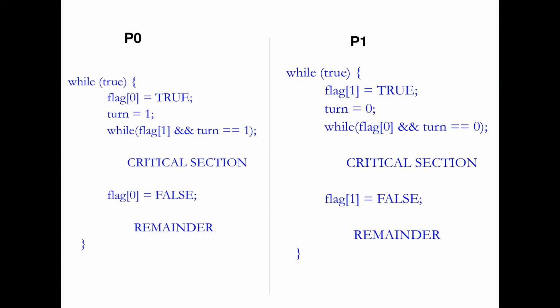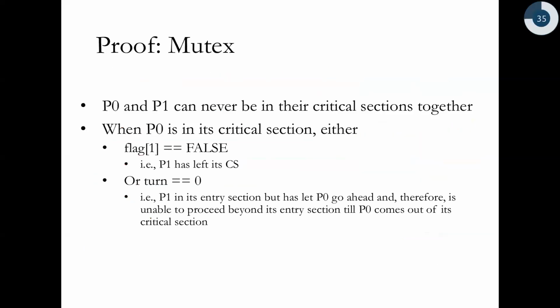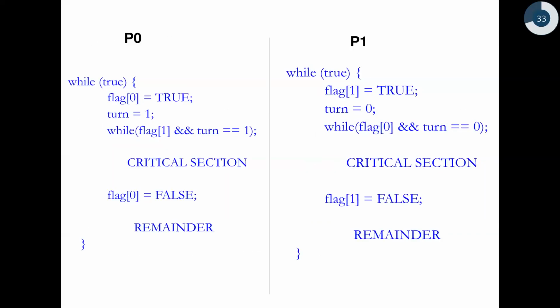Let me ask a question, and that may help you better understand how this works. What condition can we have when both tasks are trying to get a lock? Let's say flag 0 is set to true and flag 1 is set to true. So they're trying to get a lock.